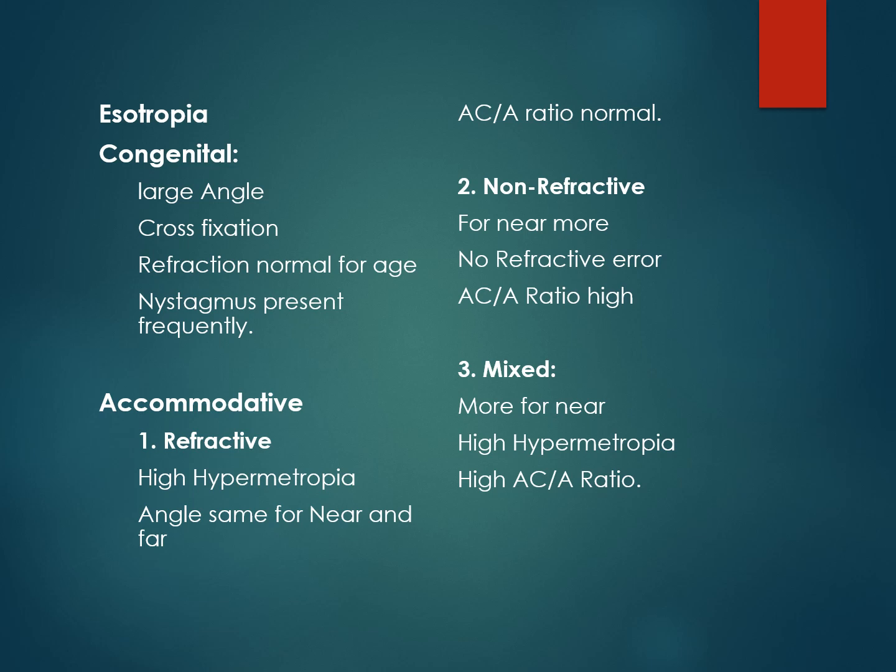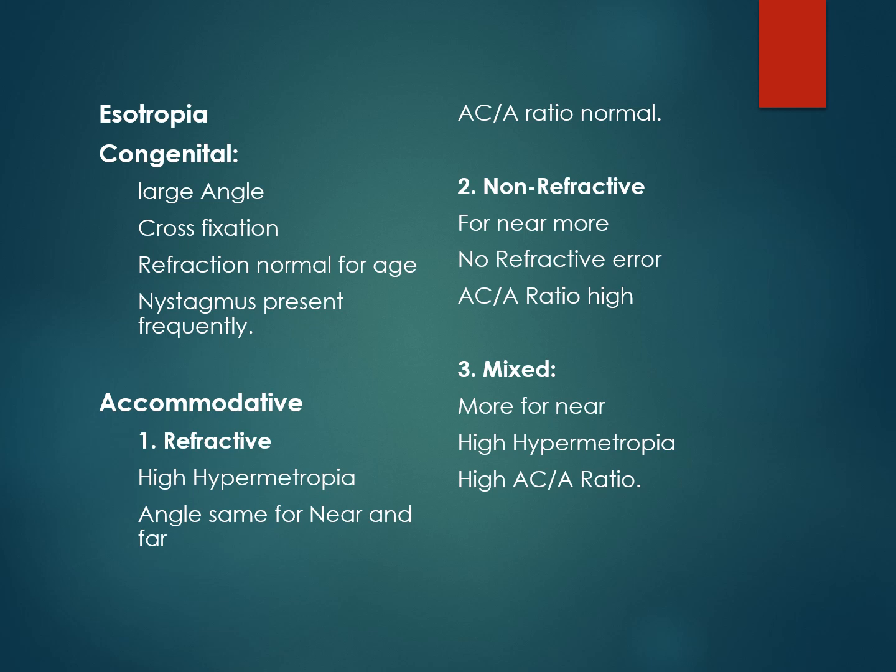Then esotropia may be accommodative and non-accommodative. In accommodative, it may be number 1, refractive. In refractive type of accommodative esotropia, there is high hypermetropia.